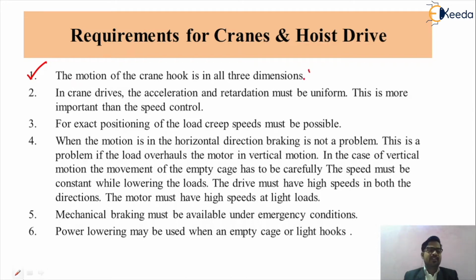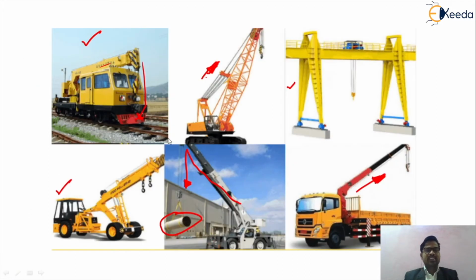As we have seen in the particular example, if you want to move that particular object, we have to use the hook. This is the hook that will be moving in all three directions, because as we know, while we are using such types of cranes and hoists, we have to move that particular object in any direction.